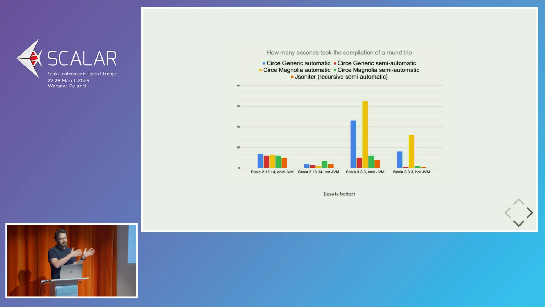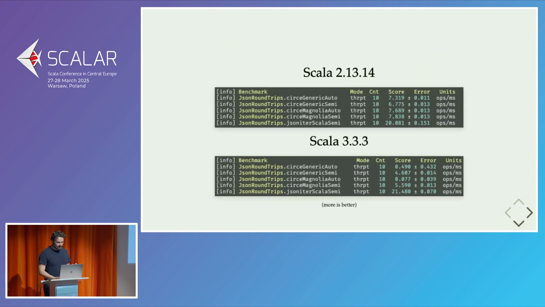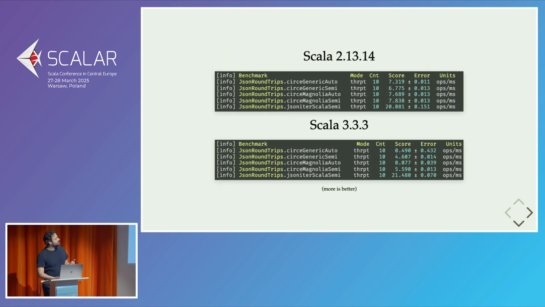So this approach with semi-automatic derivation, but which is recursive, not only on the top level, is compiling much faster than both approaches when you have automatic derivation, which is recursive, or semi-automatic derivation, which is not recursive. This approach beats both of them when it comes to speed of compilation, but also beats both of them when it comes to speed of the runtime.